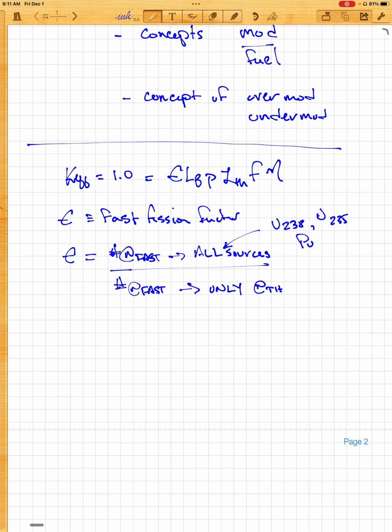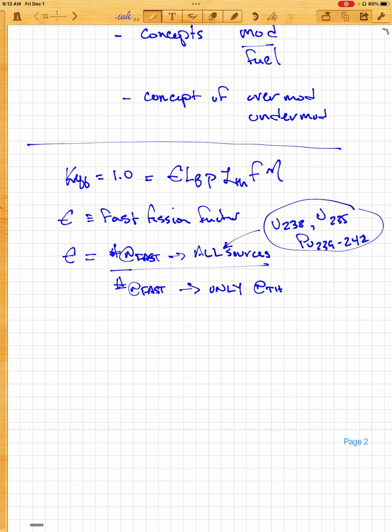Then we have plutonium. Some of them catch a fast neutron, some of them catch a thermal neutron. There's four of them, 239 through 241, 242, sorry. And that is all the sources of fission that get added to the reactor, right?